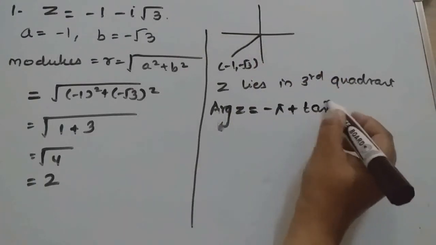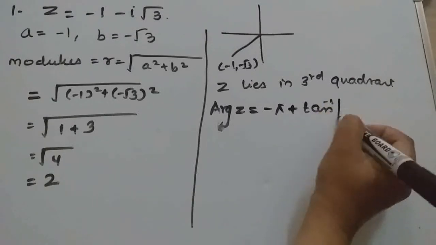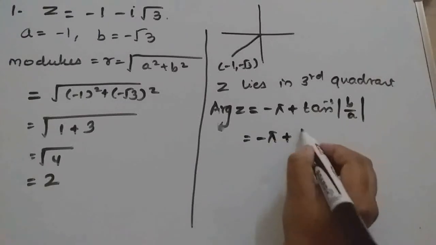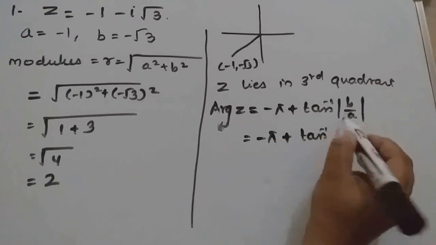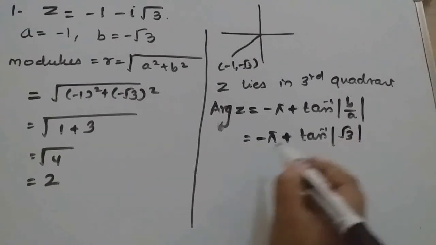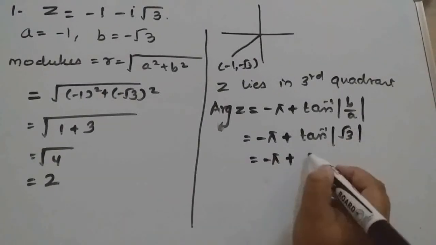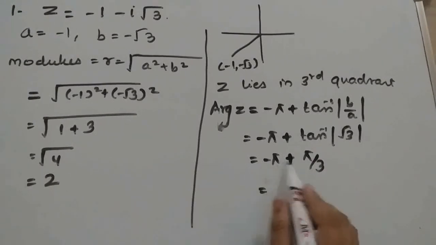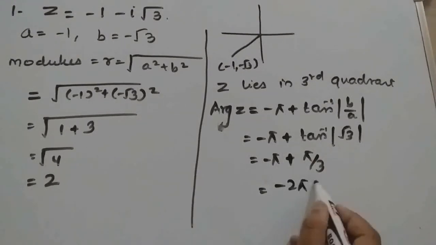Theta is tan inverse mod b by a. Okay, so tan inverse b by a means root 3 by 1 means root 3. So we know tan inverse root 3 is what? Pi by 3. So the answer will be minus pi plus pi by 3, that is minus 2 pi by 3.